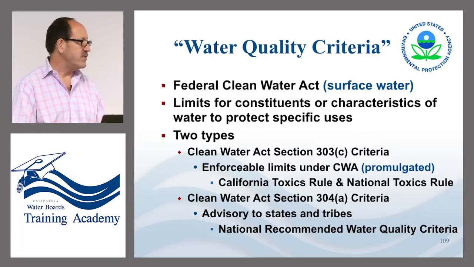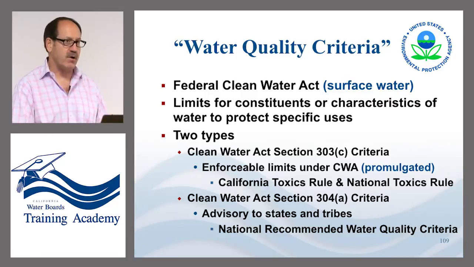The intent of these numbers is to help states and tribes determine whether they're in compliance with their narrative water quality objectives for toxicity primarily, and also to help states have a foundation for developing their own water quality standards. EPA will not challenge a state in adopting a state water quality standard that equals the 304A criteria.